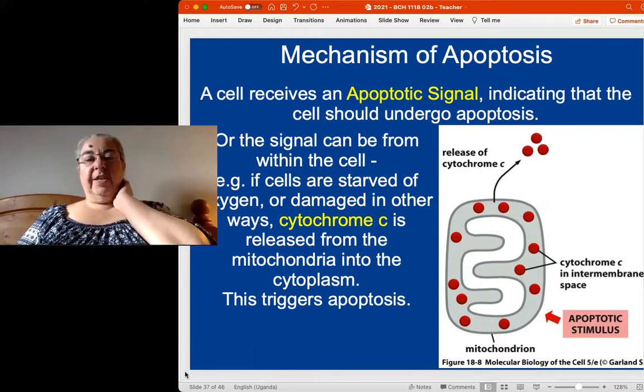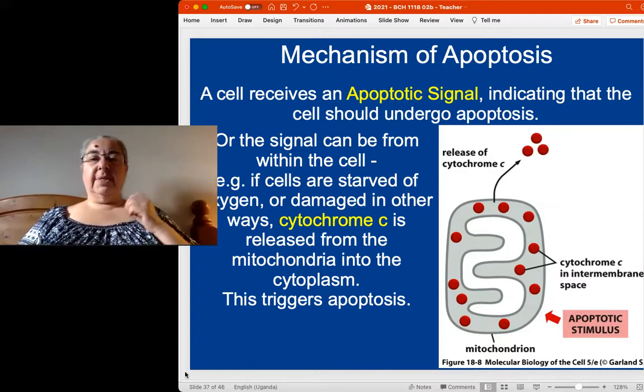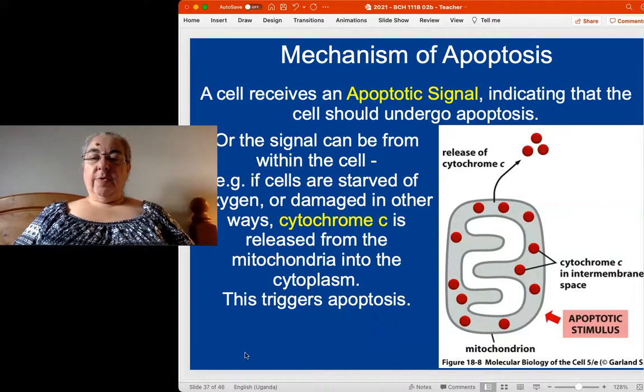And we saw in the video a signal coming from an immune system cell, which has recognized that there is something wrong with a particular cell, and the immune system cell has sent a signal to the cell to go into apoptosis. The signal can also come from inside the cell itself.